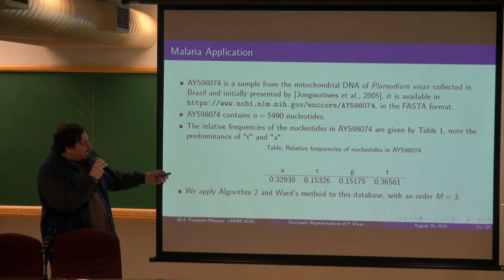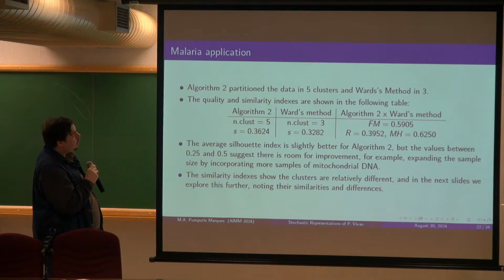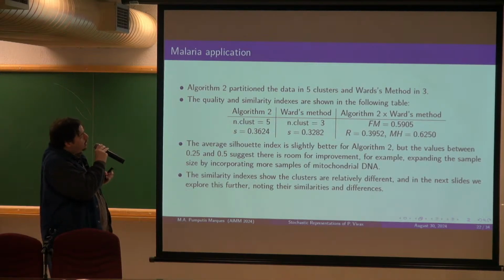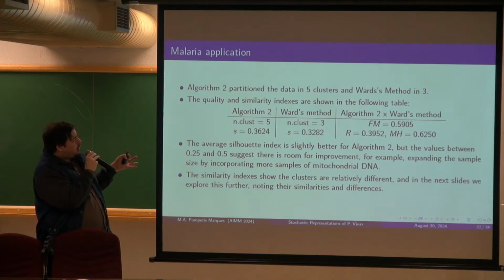So we apply algorithm 2 and Ward's method to this database, and we select for this analysis an order m equals 3. Right? So the result was that algorithm 2 partitioned the data in 5 clusters and Ward's method in 3. Right?